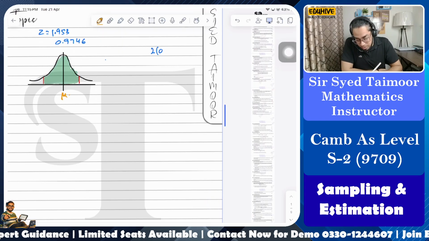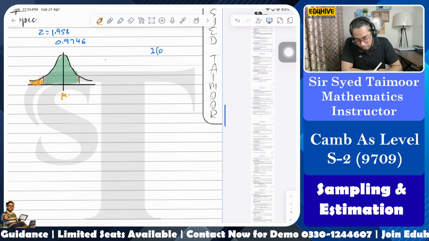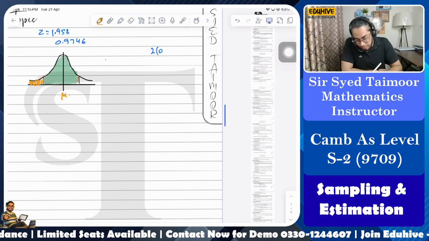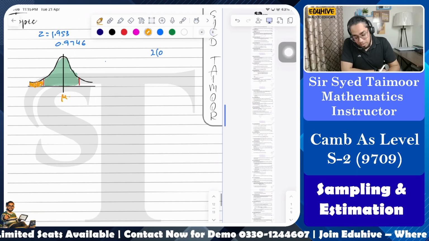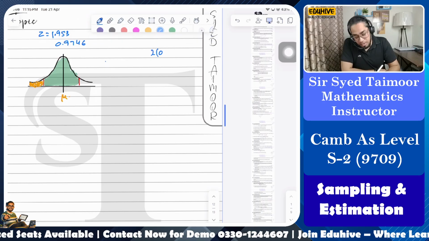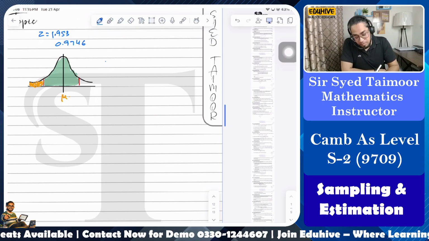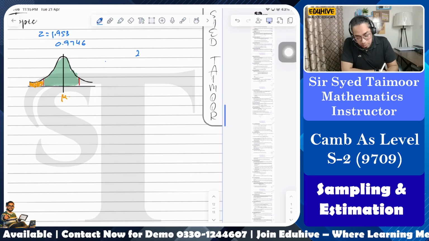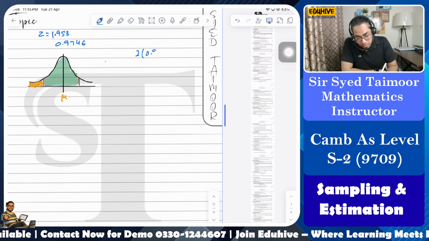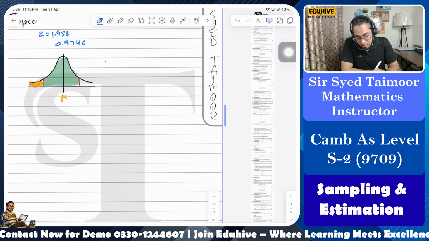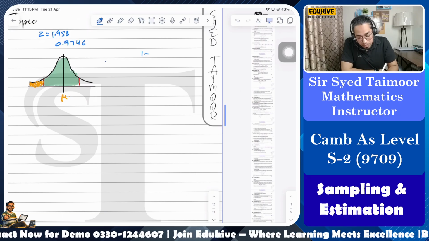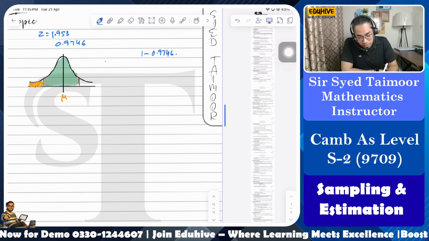So it means this portion, so it's this way: 2 multiplied by this one, 1 minus, and if you go with 1 minus 0.9746, what are we getting when we do that?